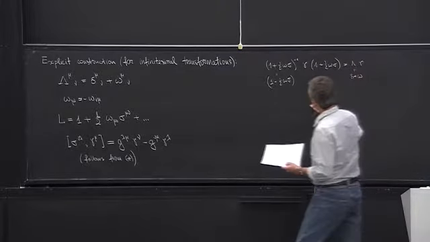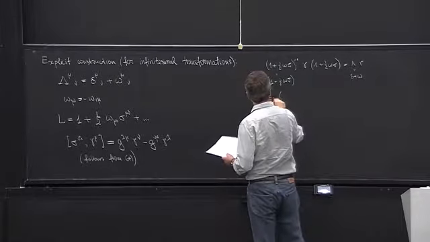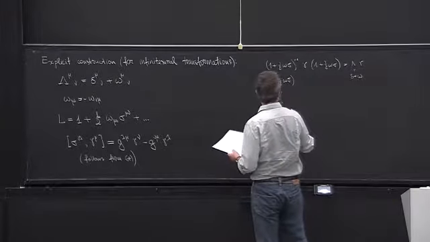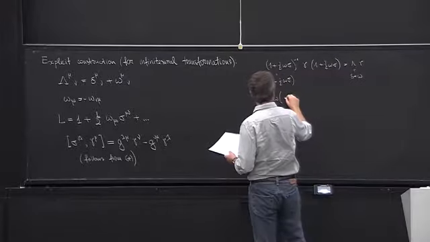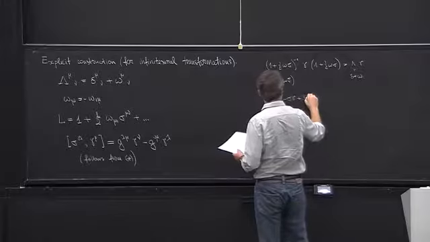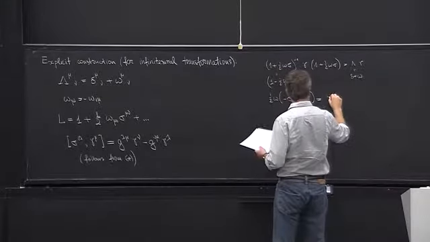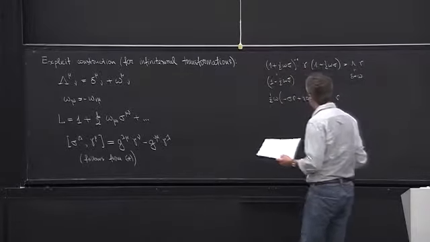The linear term in omega on the left-hand side is 1/2 omega, minus sigma gamma plus gamma sigma. And on the right-hand side, you get just omega gamma.